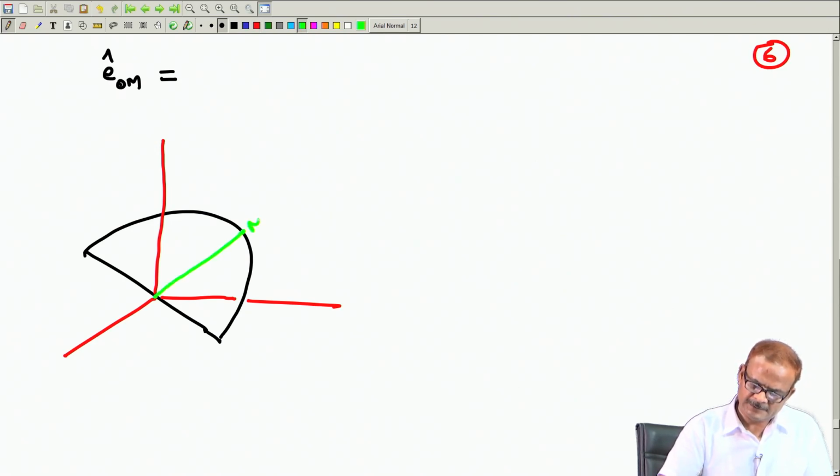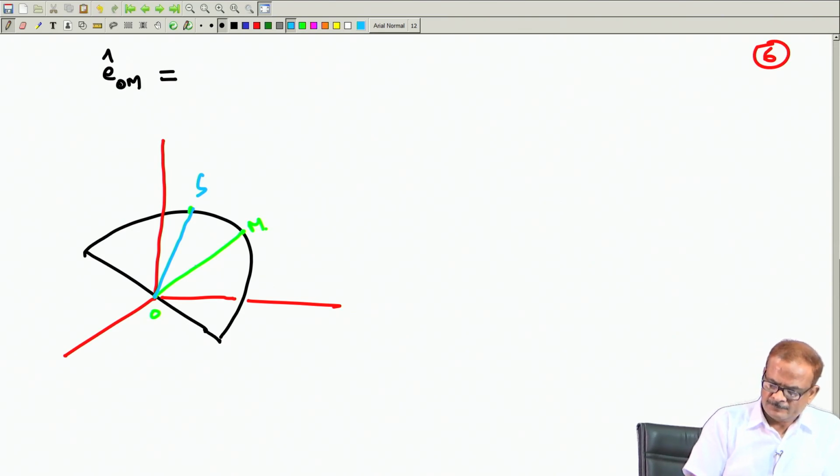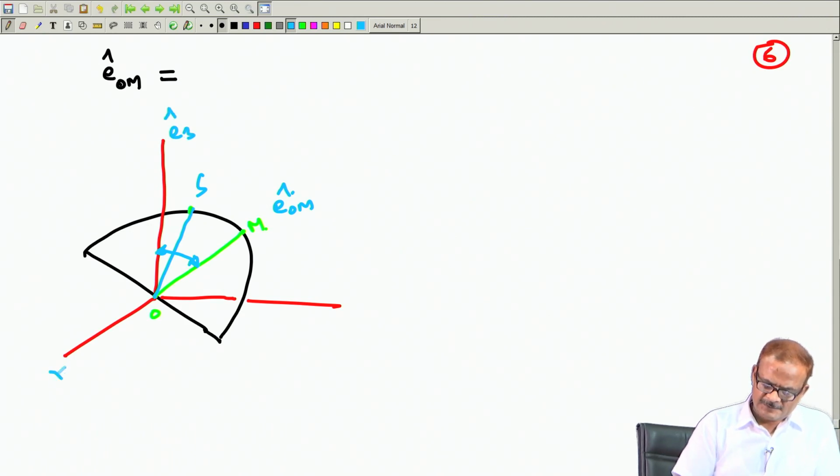This is the M direction, this is O, and somewhere here the satellite is in this place. So, this is S. We are looking for E_OM cap.